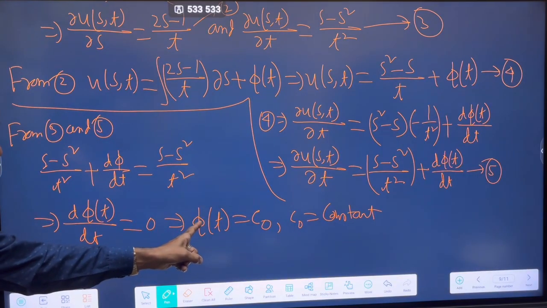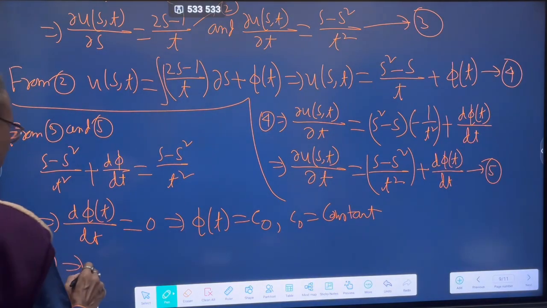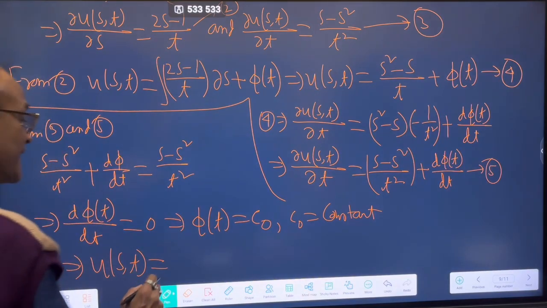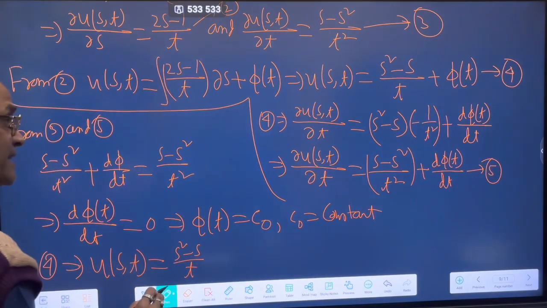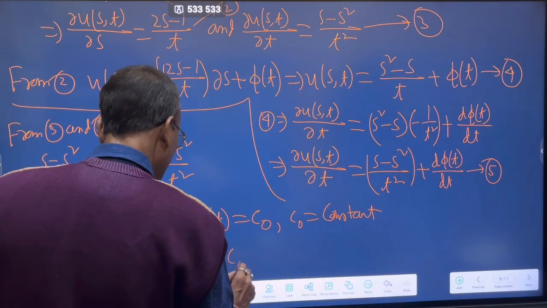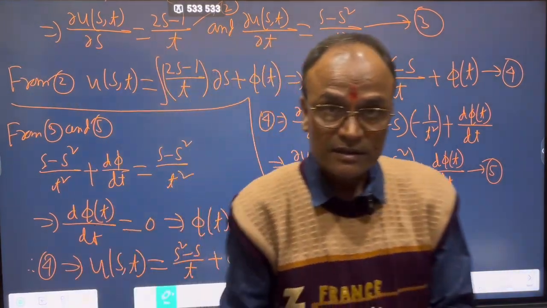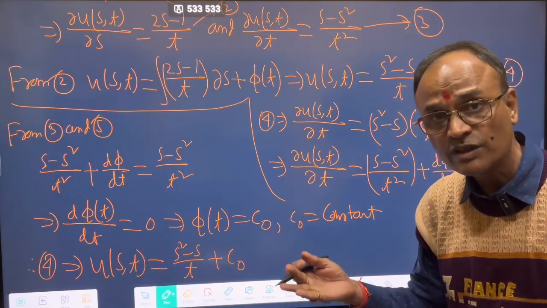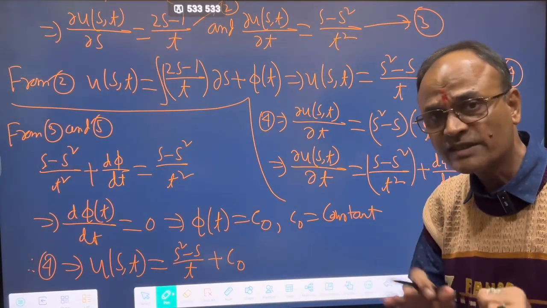Substitute this value of phi t in 4. Therefore 4 implies u of s and t equal to s square minus s divided by t plus c naught. The solution of the differential equation is du equal to 0.